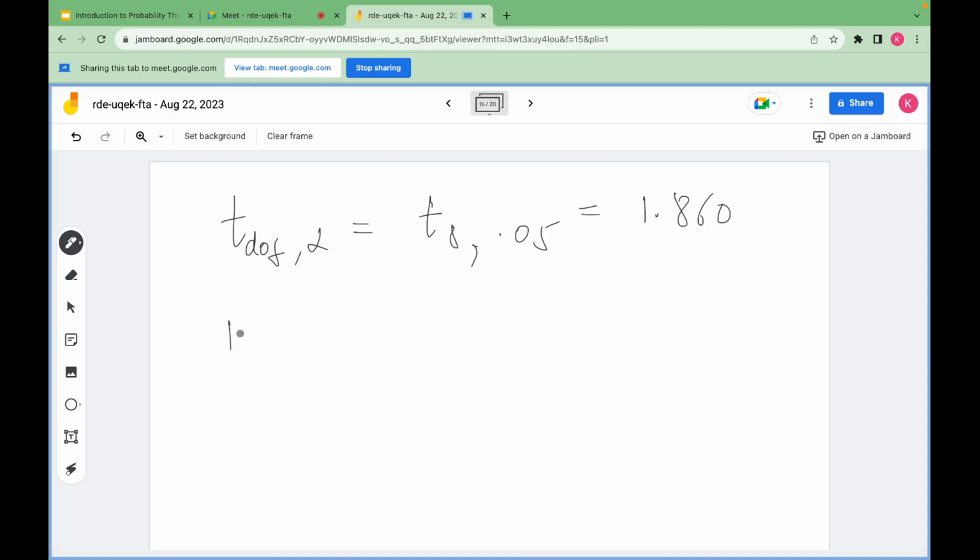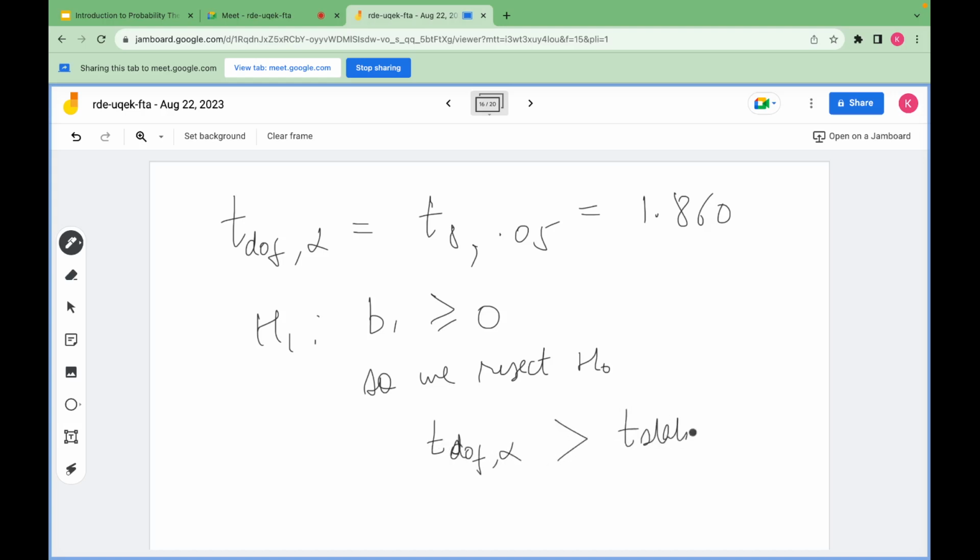So here the alternate hypothesis was that B1 is greater than or equal to 0. So we reject H0 when this T with DOF comma alpha is greater than the T statistic.